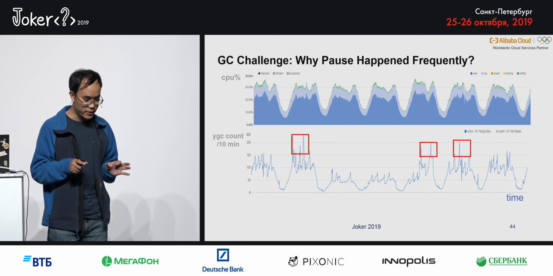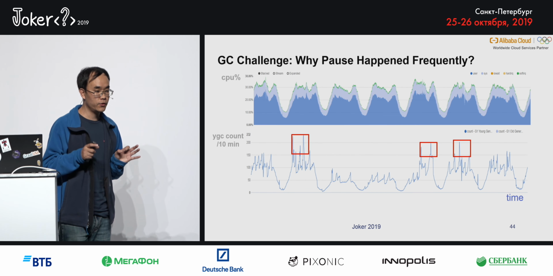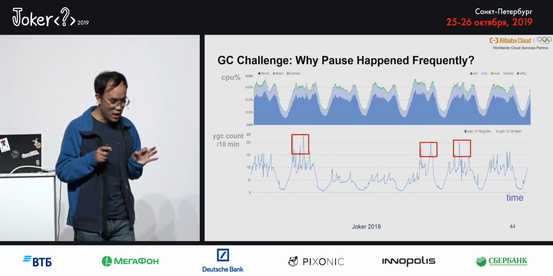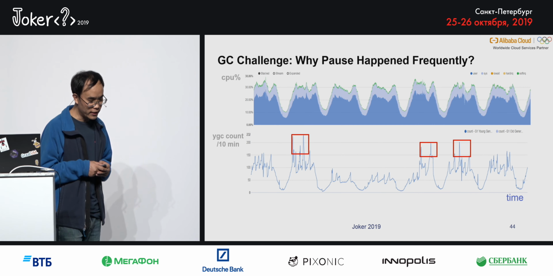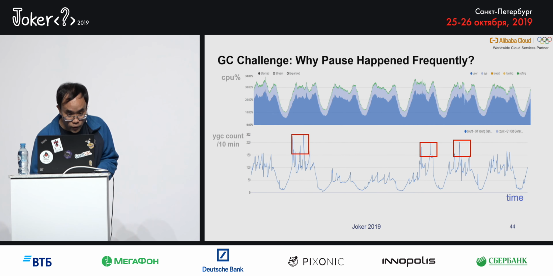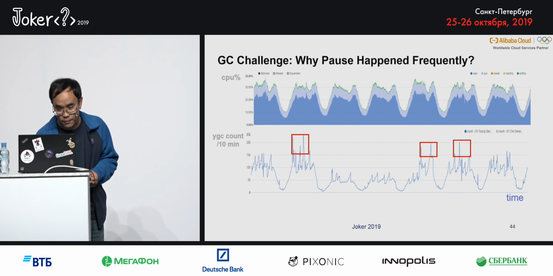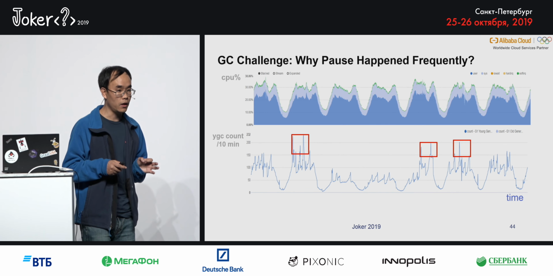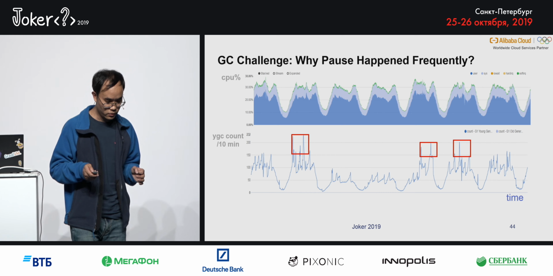But the problem is the frequency of young GC is turbulent. I marked it in a red rectangle. In the worst case, the young GC count will reach around 200 times. It's very often. It's frequent.